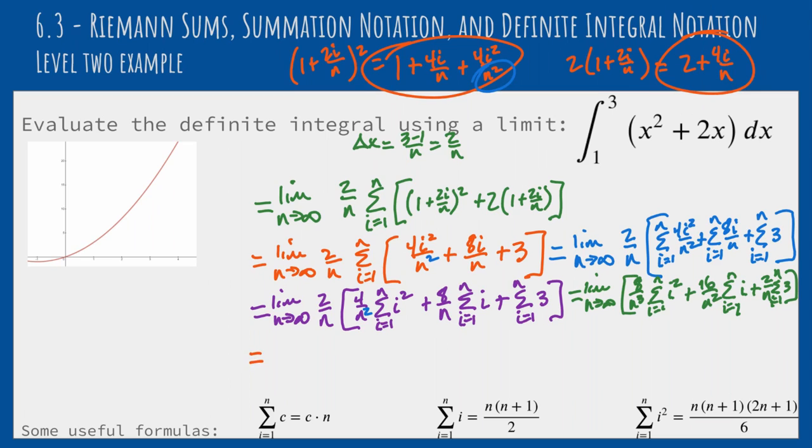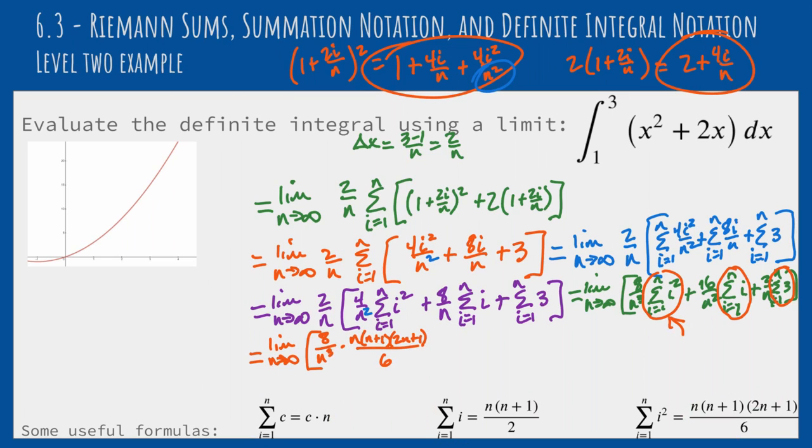So I'm going to keep the limit out front here. Limit as n approaches infinity. And now what I'm going to do is replace each of these with the equivalent expression from our formulas down here. So we're going to have the 8 over n cubed times the i squared formula, which we're going to replace with this: n times n plus 1 times 2n plus 1 over 6.